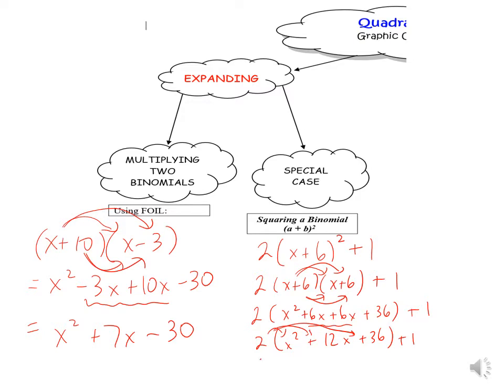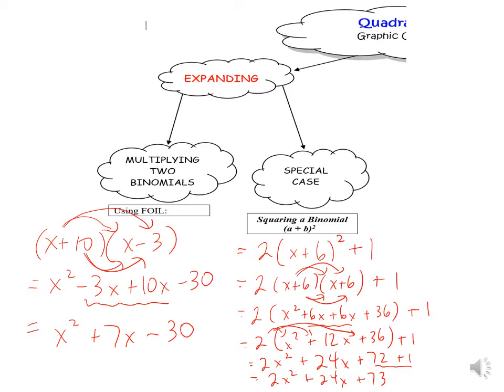So that leaves me with 2x squared plus 24x plus 72 plus 1, which would give me a final answer of 2x squared plus 24x plus 73 when you combine those last two terms. And that would be the hardest expanding question I could ask you, something that's completely written in vertex form and you take it all the way to standard form.